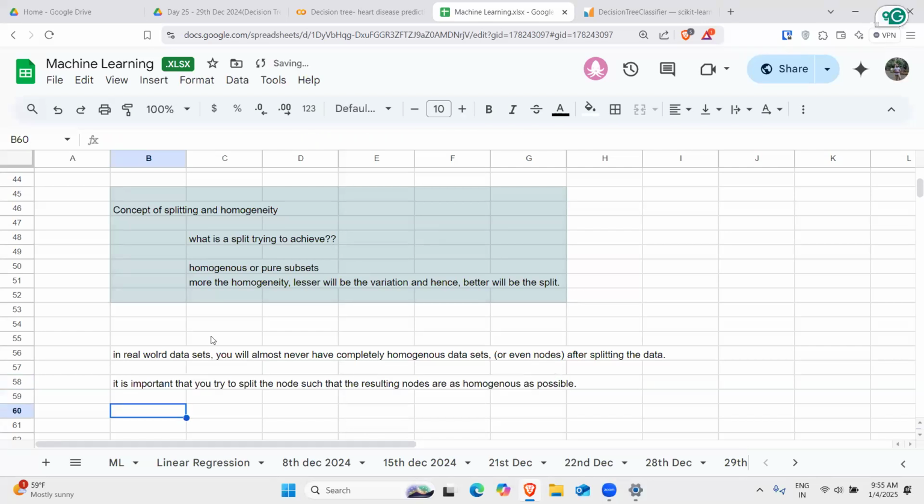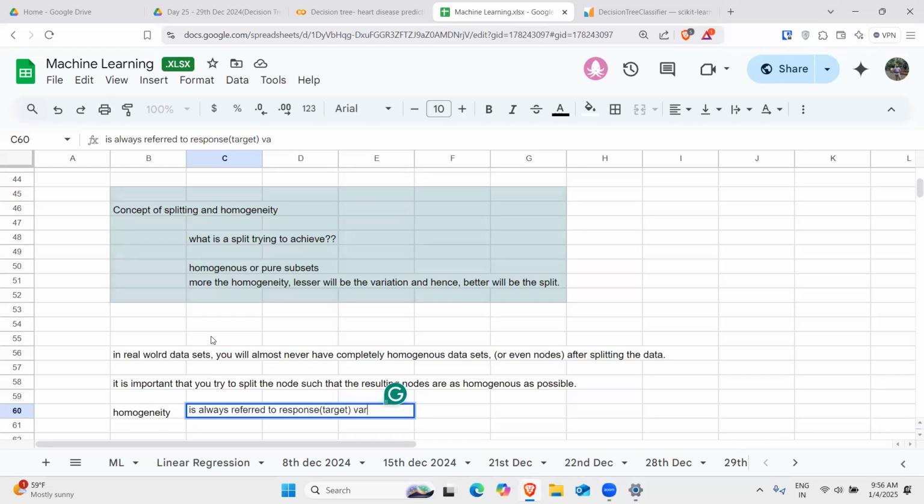And one important thing to remember is that homogeneity here always refers to the response variable, that is, the target variable's homogeneity, right?